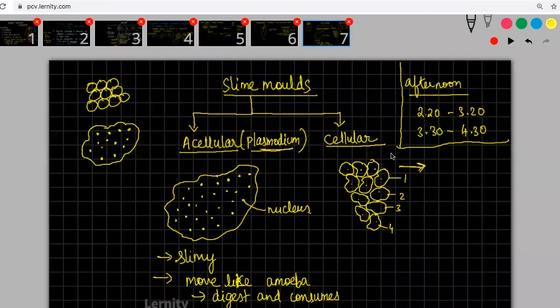We call this structure a pseudoplasmodium, because the cells are not fused.